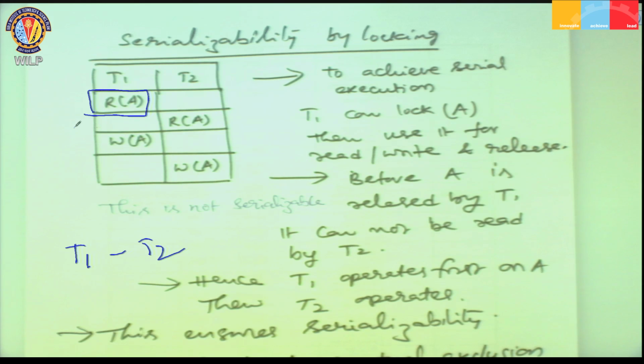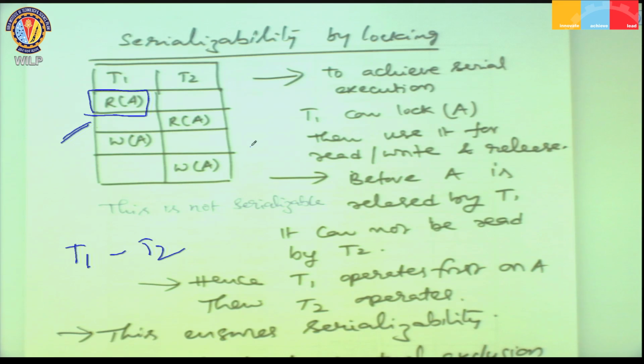Once T1 has acquired a lock on data item A, no other transaction can access it because the lock has already been acquired. The other transaction has to wait till the lock on that data item is released by the transaction holding it.